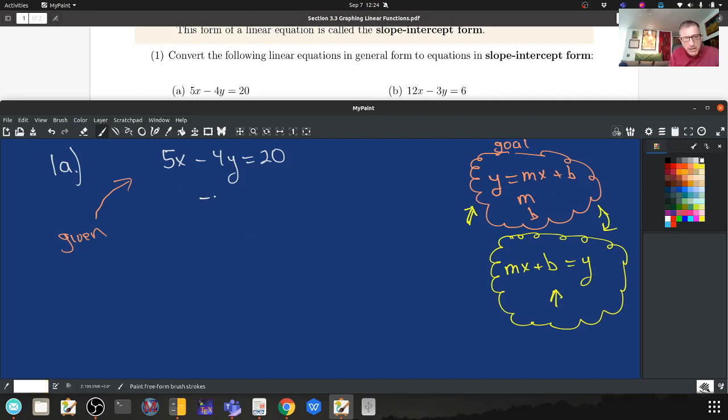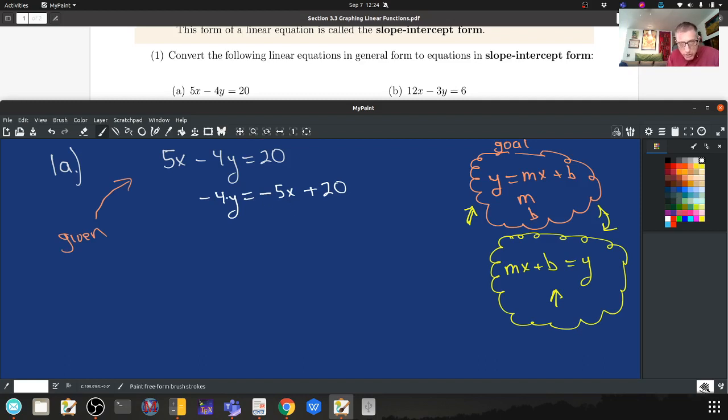So let's go ahead and isolate my y term. And how do I do that? I subtract 5x from both sides. Now in this case, I'm going to put the minus 5x here, and then I'm just going to scoot the 20 over and put a plus sign in front of it, because that's what it is. It doesn't have a minus, it doesn't have anything, so the assumption is it's a plus. So again, I just moved the 5x over to the other side, and it became negative, and I just happened to write it in between the equals and the 20.